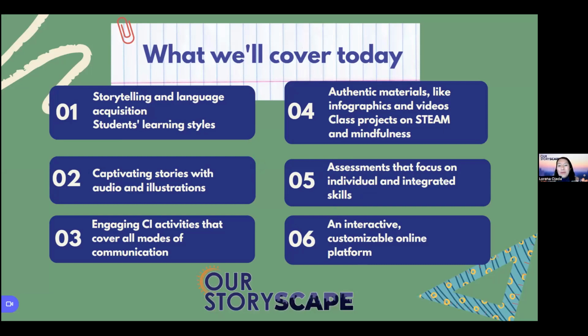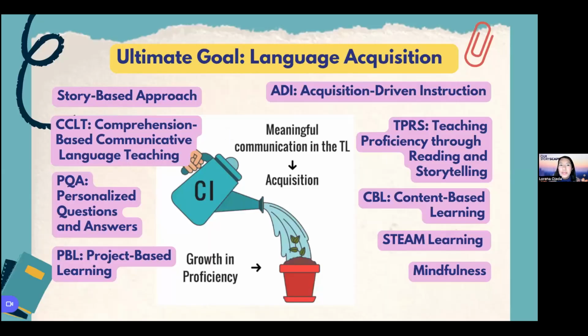So I'm going to start with, oh my goodness, forgive me, my internet is a little bit slow. So I'm going to show you here what we propose as an eclectic combination of different strategies that we're going to be using to develop the ultimate goal, that is language acquisition. So what are we going to try to do here?